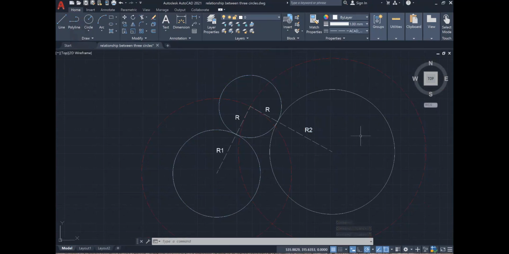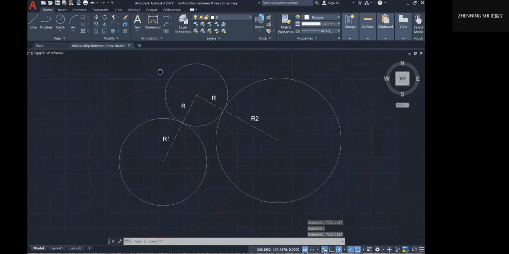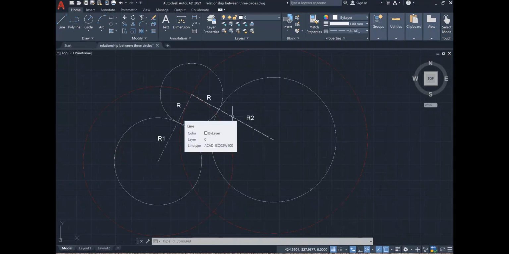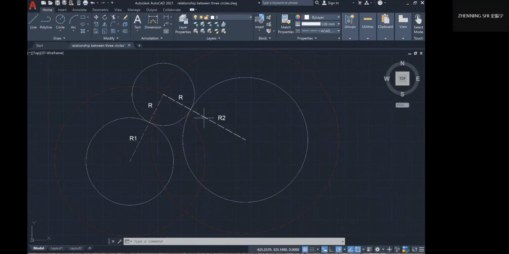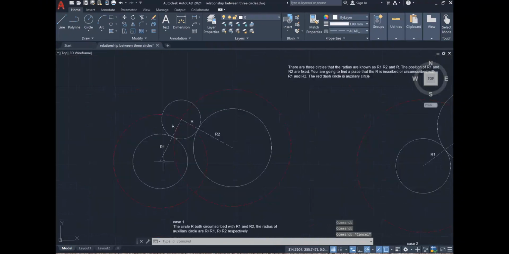Maybe you can understand that when we have two circles and we want to find the position of the third one, that's the way. Okay, so how about the others? The most important step is to find these two auxiliary circles.